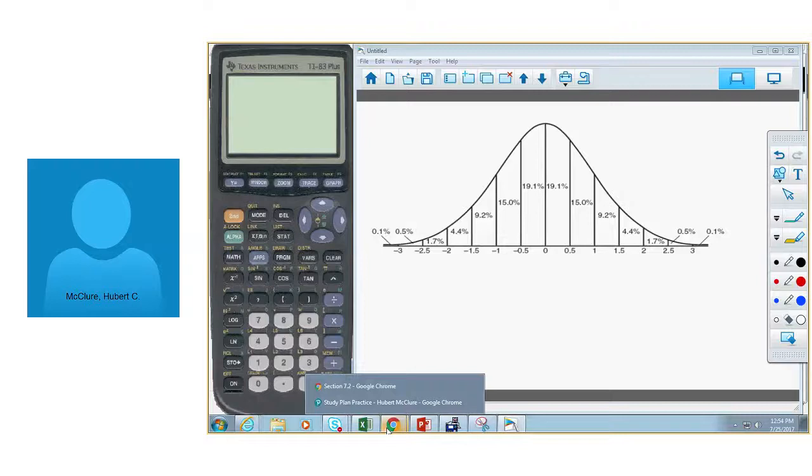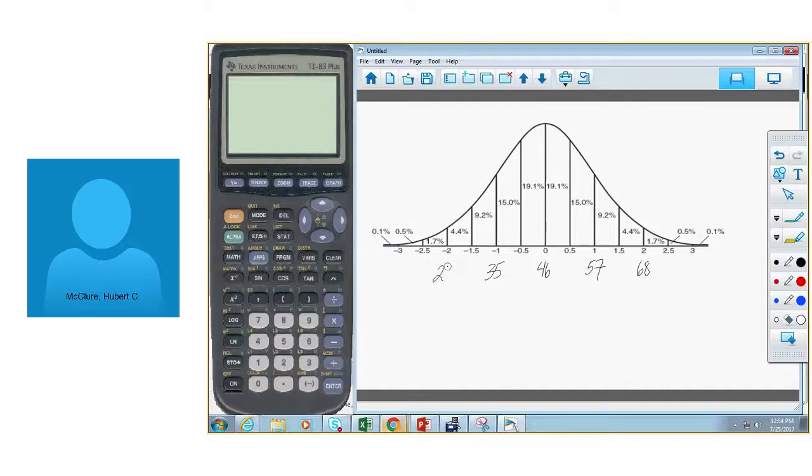Okay, so what's the standard mean? It's 46, and a standard deviation of 11. So that's going to be 57 and 68 and 35 and 24. Y'all check my math. So take the handy dandy red marker, and I'm going to put 46.